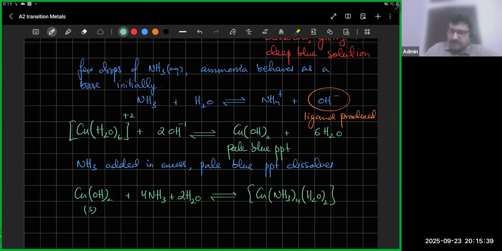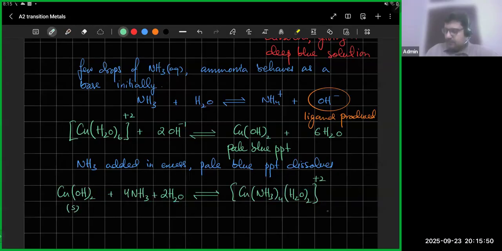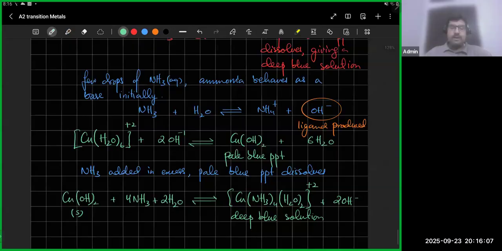So you're going to get a +2 charge, and the OH ions are going to get eventually knocked out. And that's your deep blue solution. That's it. So this is what goes on when you add a few drops of ammonia and then when you add ammonia in excess.